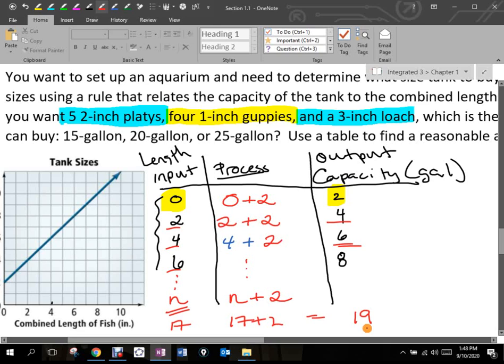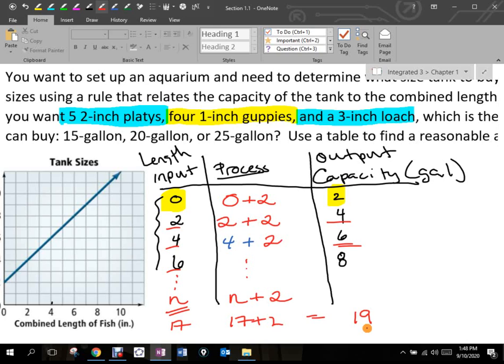Let's say that 19 would have worked out to be like 16. So maybe I get rid of that 3-inch loach thing, whatever that is, and I would have had 16 as the number of gallons, right?